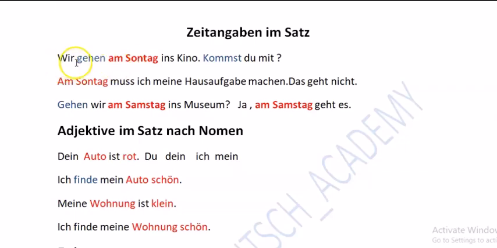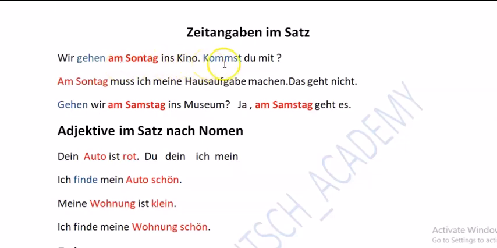So for example, wir gehen am Sonntag ins Kino. We are going on Sunday to the cinema. Then for example, we are talking to our friend. We say we are going on Sunday to the cinema.